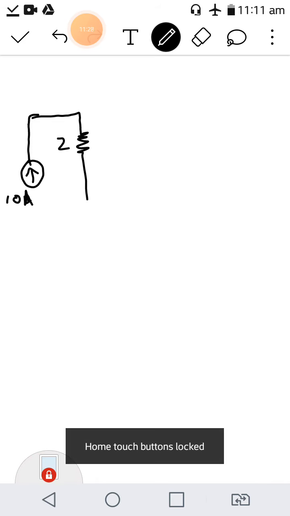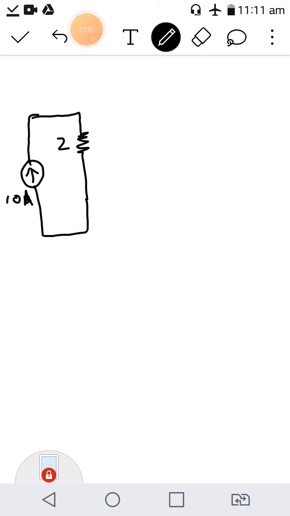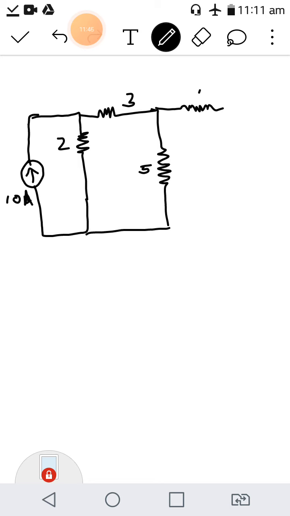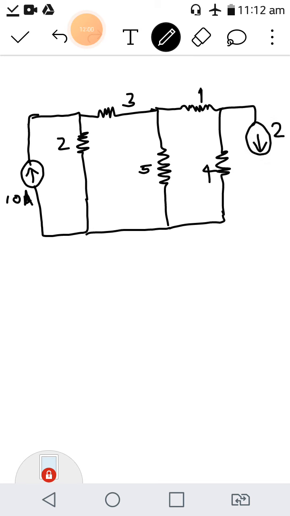From this 10 ampere current source, there is a 2 ohm resistance here. Okay, there is a 3 ohm resistor here, 5 ohms here, 1 ohm here, 4 ohms here, and a current source in this direction of 2 ampere.